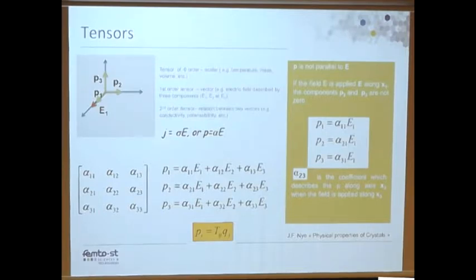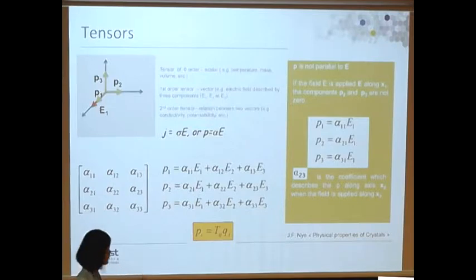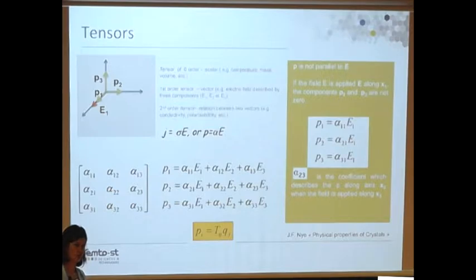A second order tensor helps you to describe the relationship between vector and vector. Vector is first order. For example, current is a vector, so it's a first order tensor. Field is also a first order tensor.